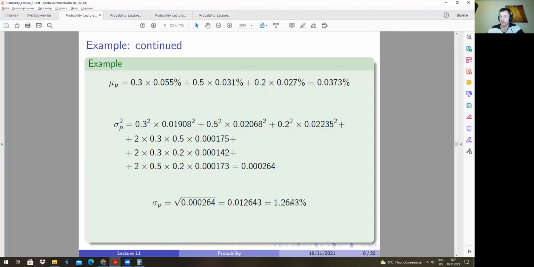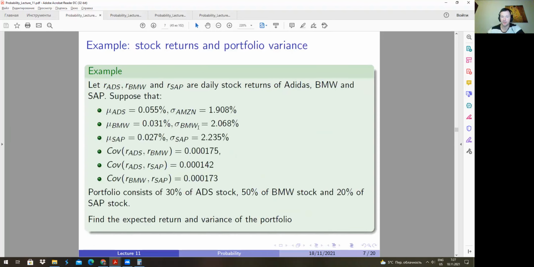And that's exactly the numerical illustration of this principle. Let's compare this standard deviation, which is the measure of variability of your future return, so a measure of uncertainty, let's say.